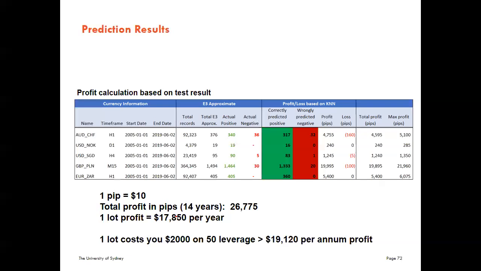For $2,000, you can do a million. Yeah. Okay, so with 50 times, with the $2,000, you can trade up to a million. That's even better. That means the actual profit could be even higher. A million notional.